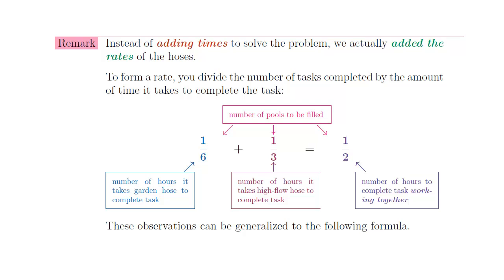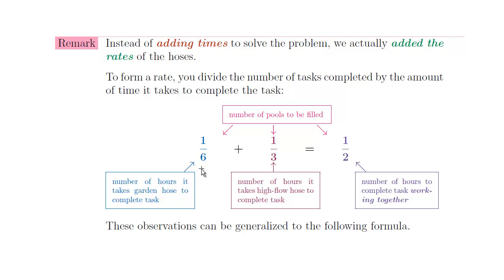Now, to form each rate, we divided the number of tasks completed by the amount of time it took to complete the task. In other words, we have three rates: 1/6 plus 1/3 equaled 1/2. And in each rate, we took on top the number of tasks that needed to be completed. In our case, we had one pool that needed to be filled, and therefore 1 was the numerator for each rate.